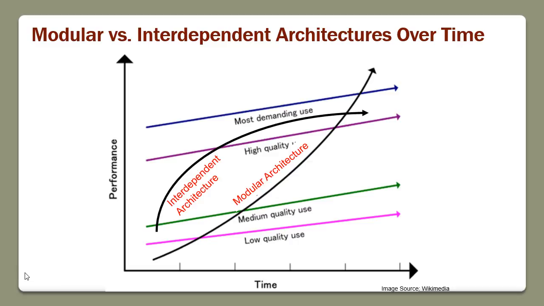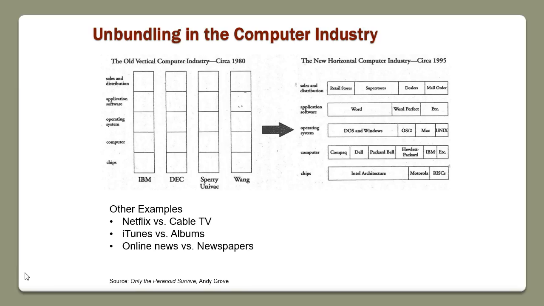There are multiple reasons why all this is important. One is that modularity allows for increased innovation. The other is that it allows for something called unbundling. The basic idea behind unbundling is, if you look at the old computer industry, each computer company was vertically integrated, providing the chips, the computer, the operating system, the application software, and the sales and distribution.